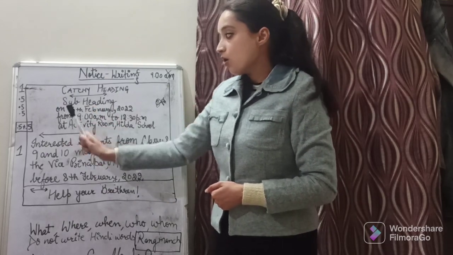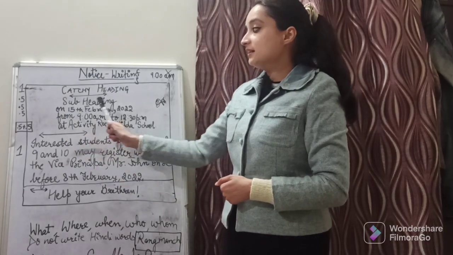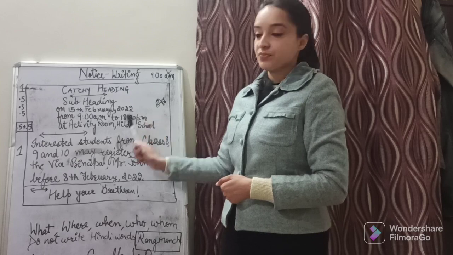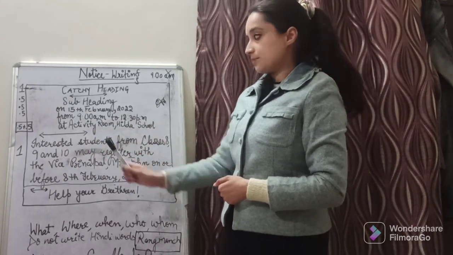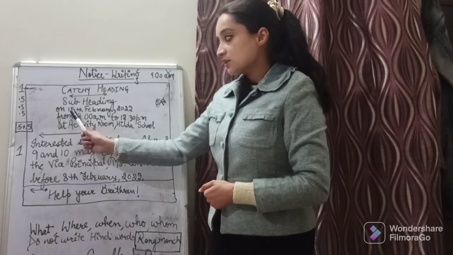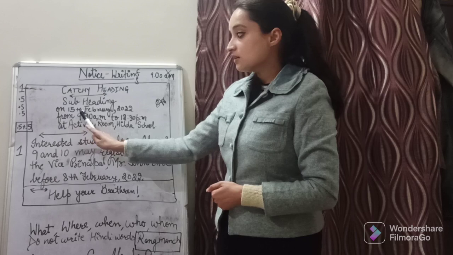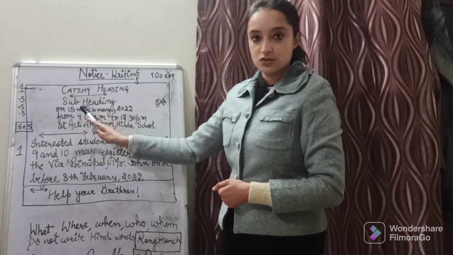In the column on, again this is also at the center, don't forget that. On, you write the date. The date when the event is going to happen. 15th February 2022 is what I have written. This date is when my event will happen. You write 15 and then TH will be written grounded with the date. It will not be somewhere up like you write raised to the power.